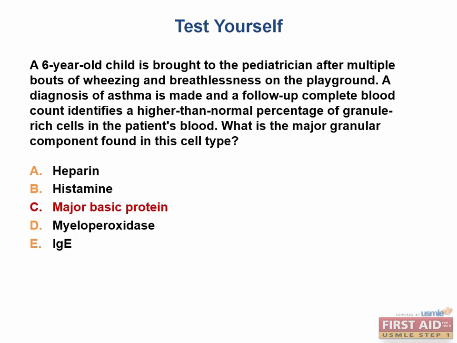The eosinophil even has asthma in its mnemonic of diseases causing eosinophilia, we can see here, NAACP. The question stem also informs us that there is a higher than normal percentage of granule-rich cells in the patient's blood according to a complete blood count with differential. Well, both of the cell types we spoke about have granules, but only one of them is in our mnemonic for the differential of a complete blood count.